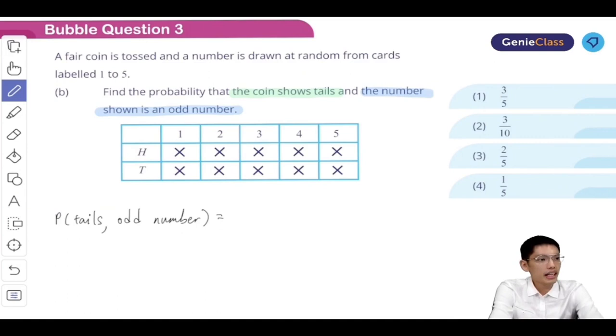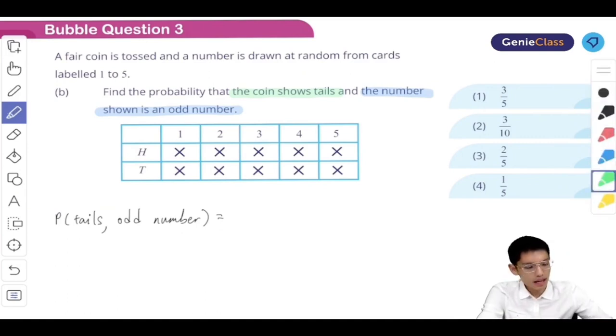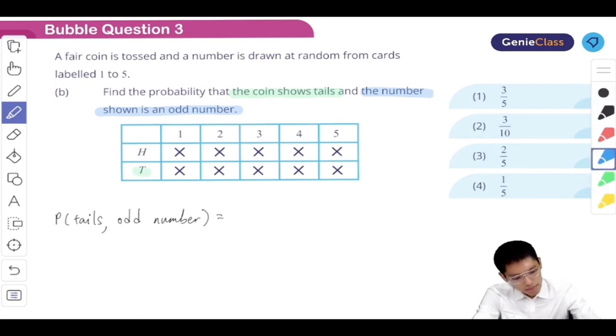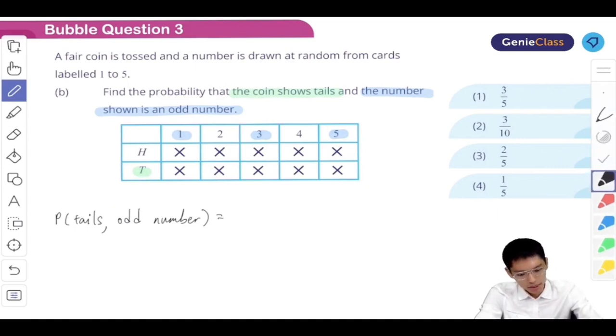Last 20 seconds. The hints over here, take note, events are labeled as such. Where are my tails? Tails over here, labeled as such. Odd numbers, what are my odd numbers over here? Counting down to my last 10. Odd numbers, I hope you realize, are 1, 3, 5, and I'm looking for the common events happening here.